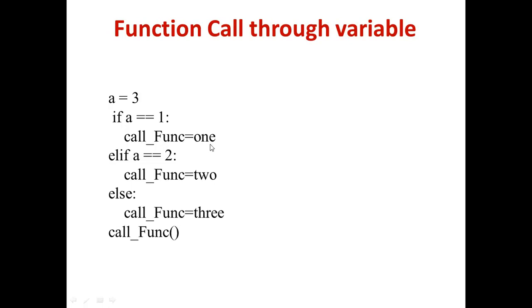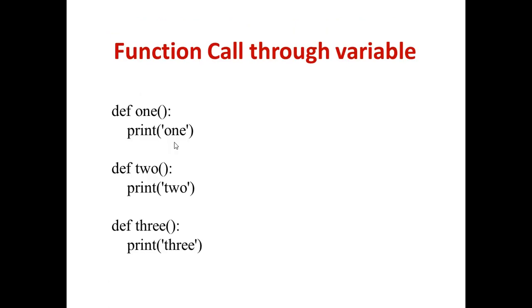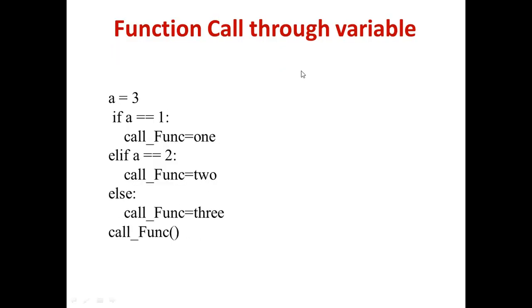I'm assigning to a variable, let's say I have call_fun. I have created 1, 2, 3 as functions, but that same function name which has been assigned, here I have used as a variable that has been assigned to another.